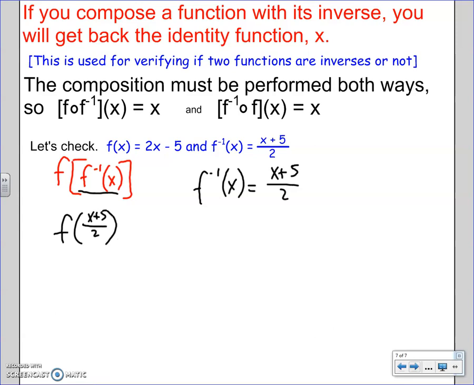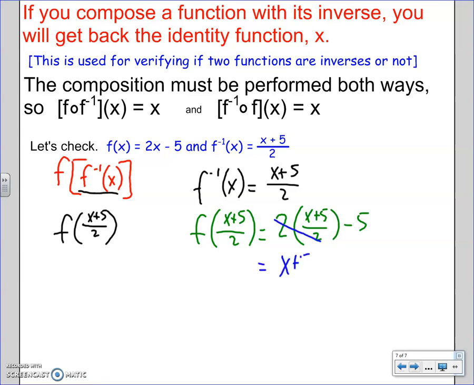This now tells me to go to equation f and plug in (x plus 5) over 2 for every x. So this will be 2 times (x plus 5) over 2, minus 5. If you notice, these 2's cancel out because it's a fraction. So this will be x plus 5 minus 5. If I combine like terms, 5 minus 5 is 0, so this turns to x, and we're good. It came back to the original thing.